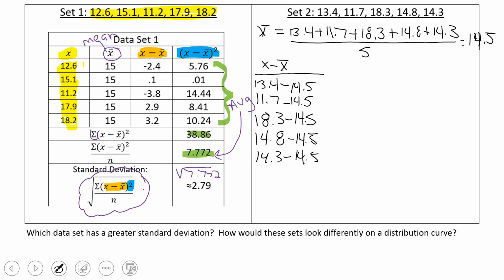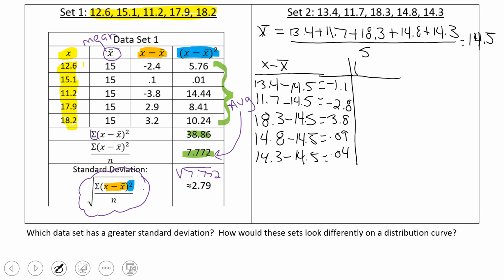So there are my 5 values, and I'm going to calculate what each of those gave me. I got negative 1.1, negative 2.8, 3.8, 0.09, 0.04.